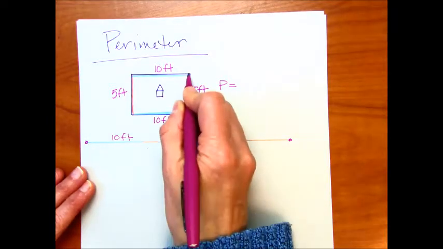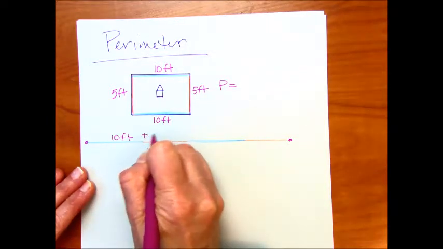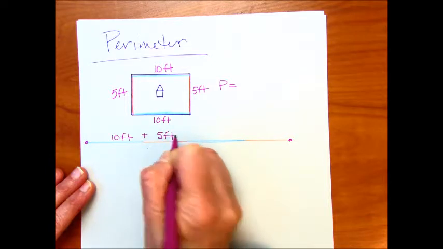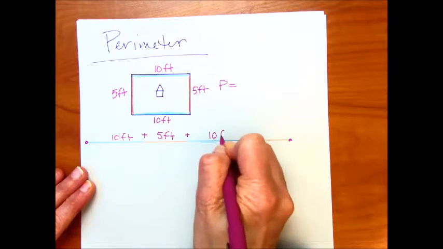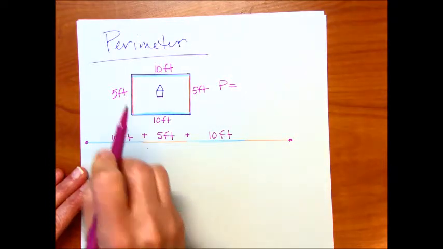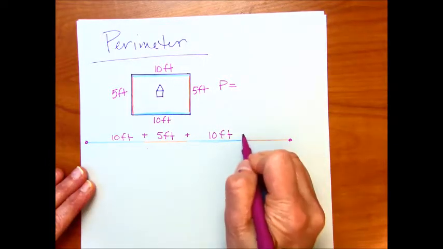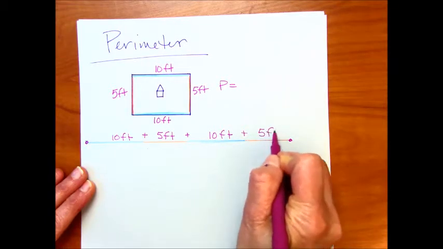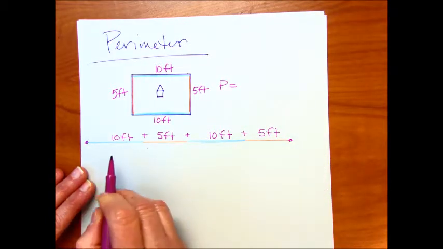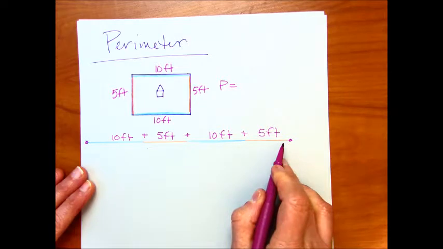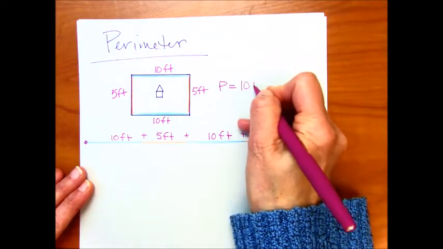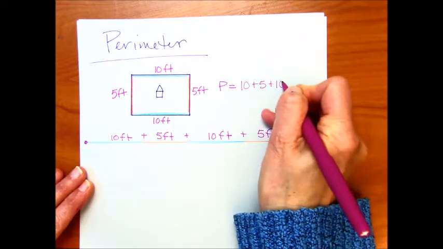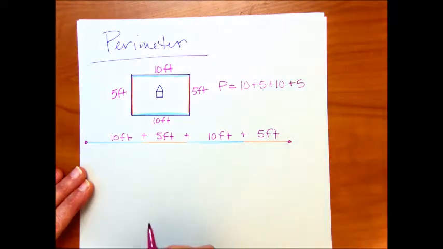Now we've got 5 feet, so plus 5 feet, plus the 10 feet, and again 5 feet. And all we're doing is adding those dimensions. So we've got perimeter equals 10 plus 5 plus 10 plus 5.